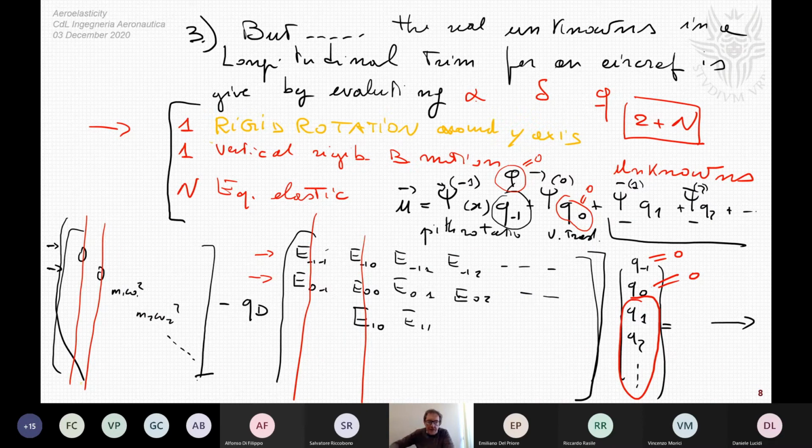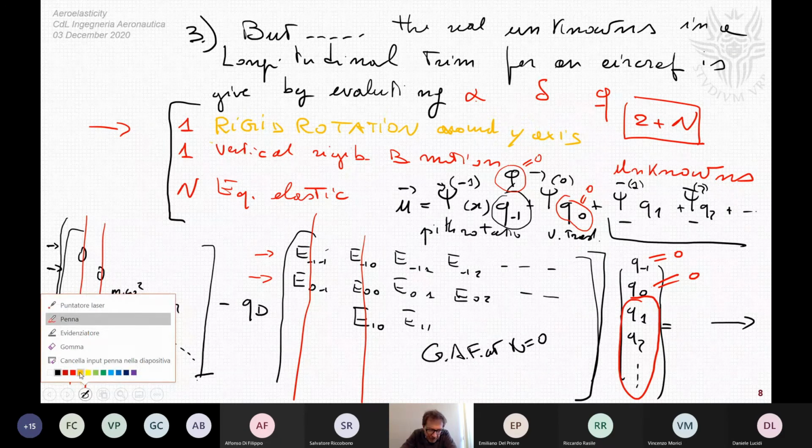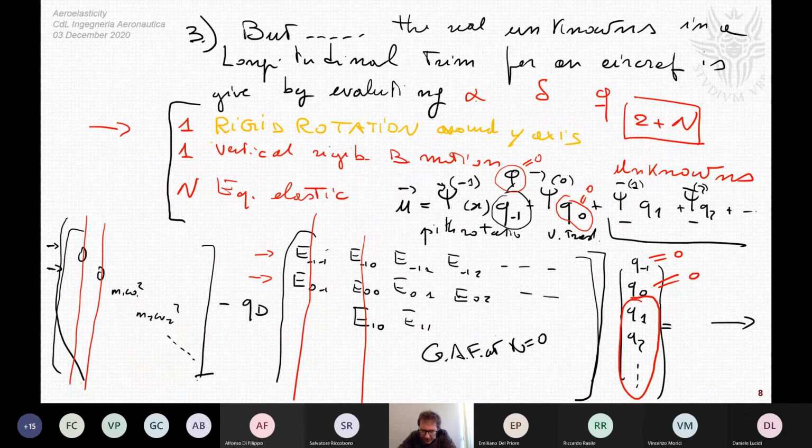Okay, so this aerodynamic stiffness matrix, which is the GAF matrix at k equal to 0, at zero frequency, is a stiffness matrix practically, and we don't need the first two columns of this matrix because we are imposing a trim condition.